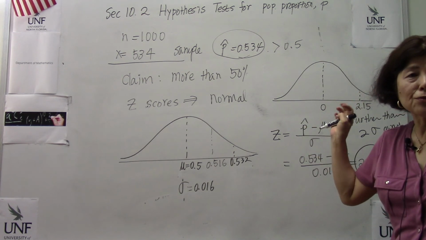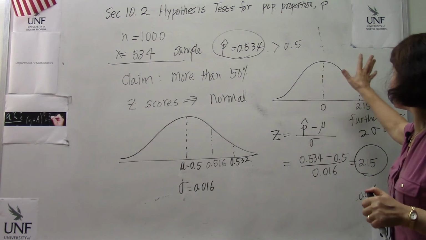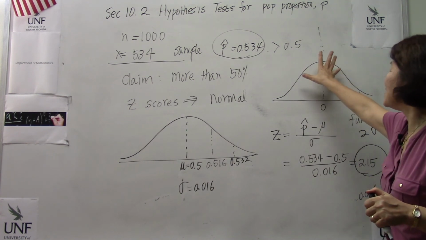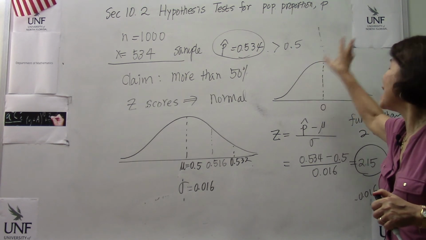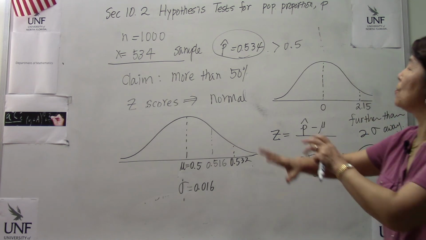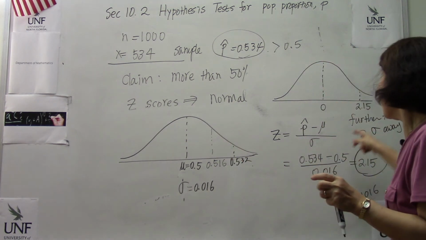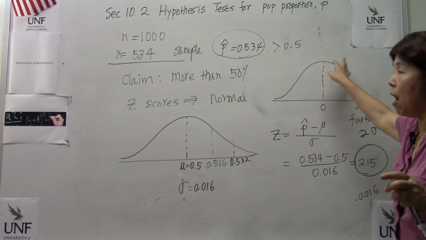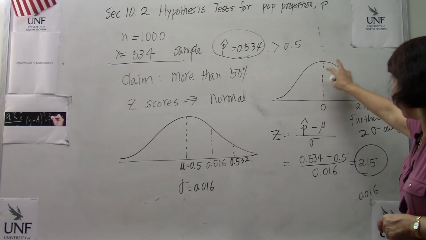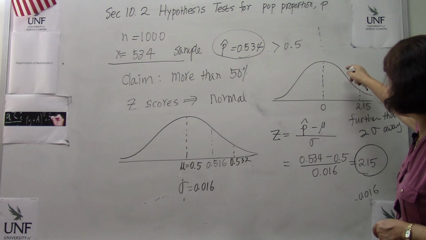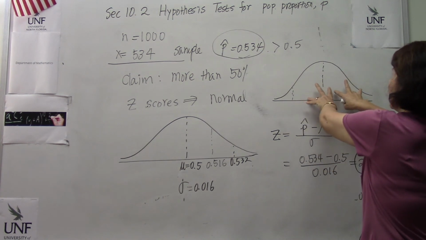So what does the empirical rule say? The empirical rule says 95% of data is concentrated within 2 sigmas. In other words, think of all the samples of 1000; 95% of those samples are within 2 sigma.